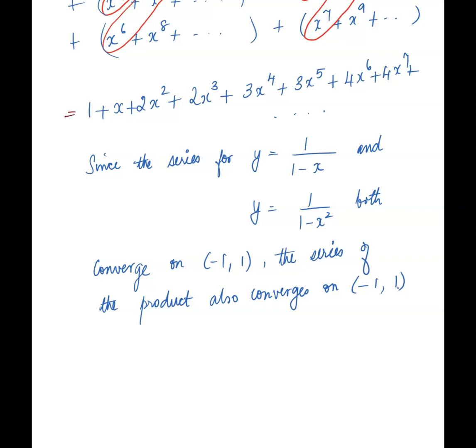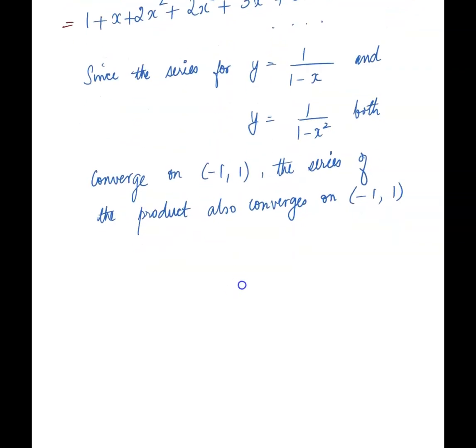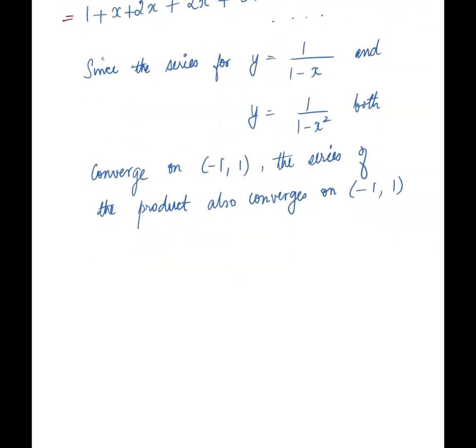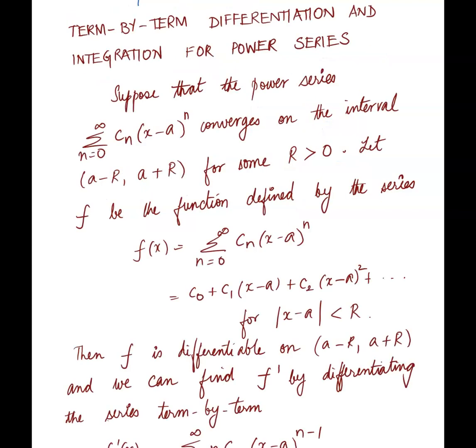Next, we look at term-by-term differentiation and integration for power series. Remember, we're putting this in the function format. So once you have it in the f of x format, we can use the ideas of differentiation and integration freely, provided the function is integrable and differentiable. As the name goes, it's term-by-term differentiation and integration for power series.